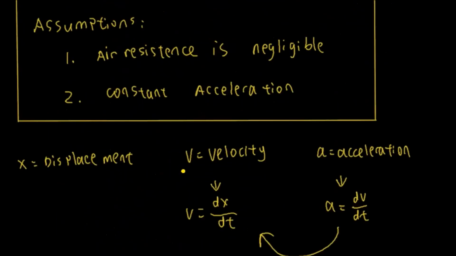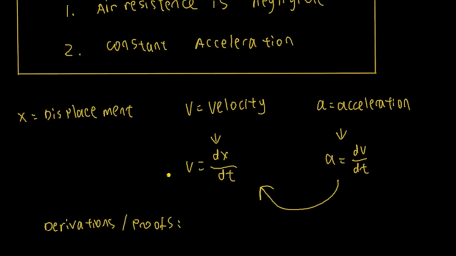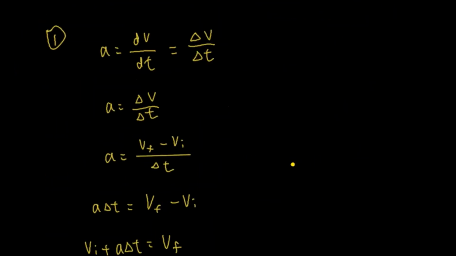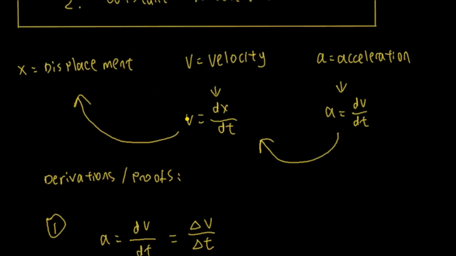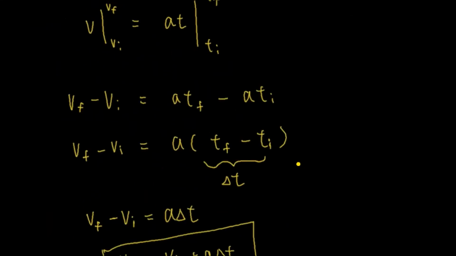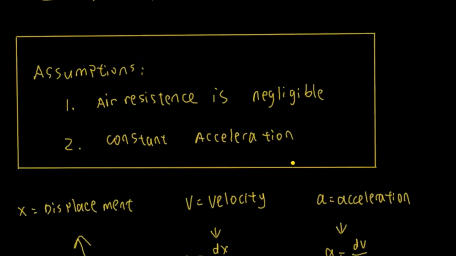Now this is displacement. And after deriving the first equation, you have velocity now. So to go from velocity to displacement, because we know that velocity is changing displacement over time, you have to do integral calculus to go backward from velocity to displacement. So let's do this.